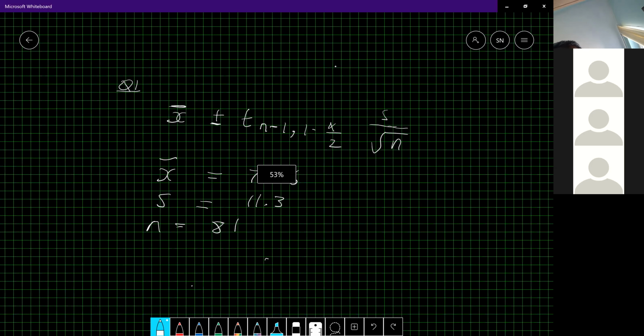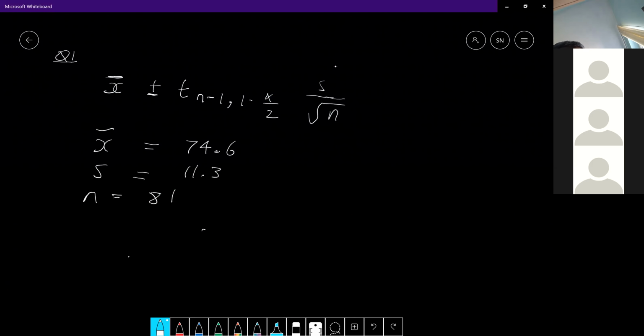Now you need to read the percentile of the t distribution. Before I do that, let me determine what alpha is.